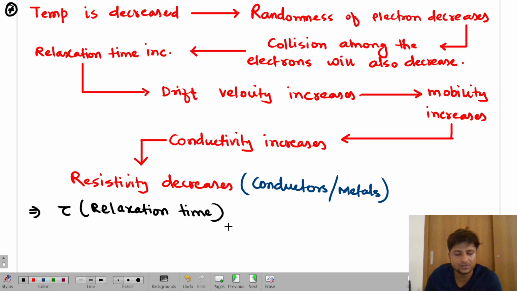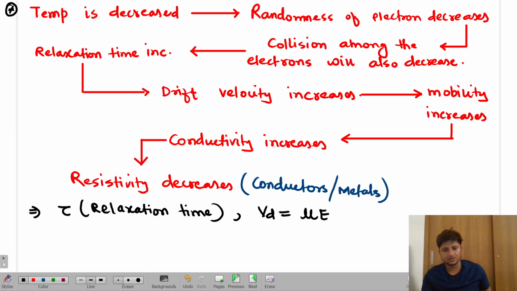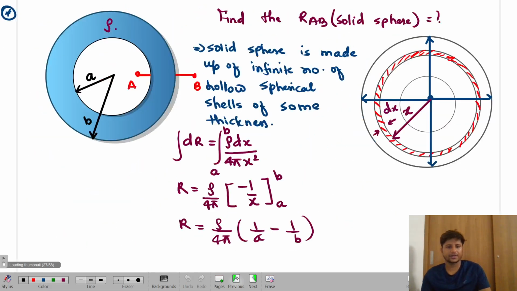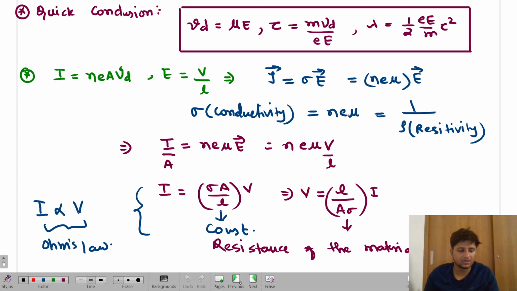And next is my drift velocity, which depends on my mobility mu into electric field E. Isn't that the formula? Let us check it. I think drift velocity is mu into E. Yes, isn't it?